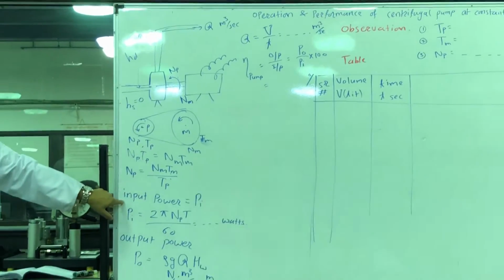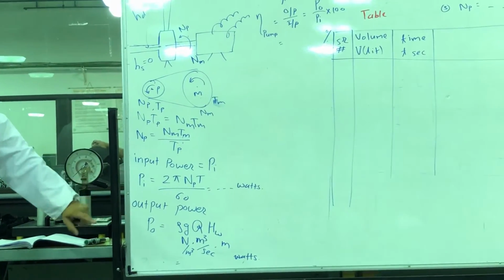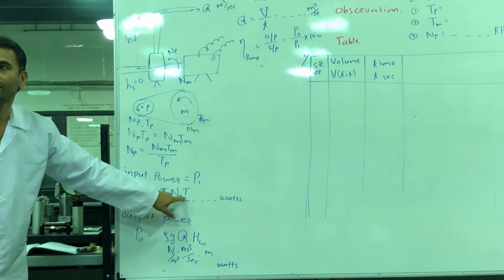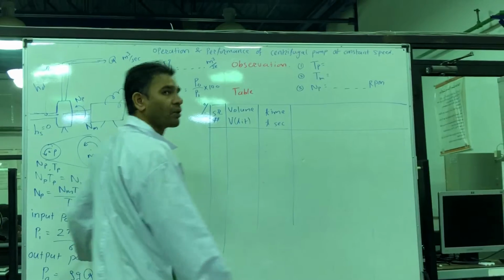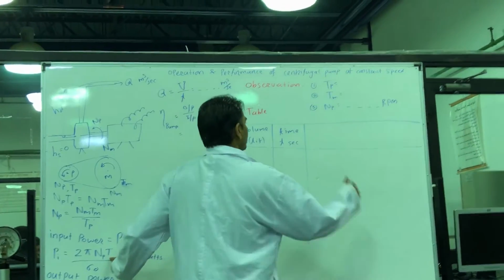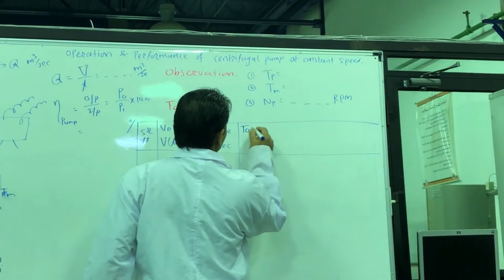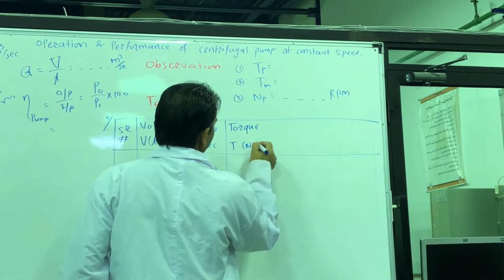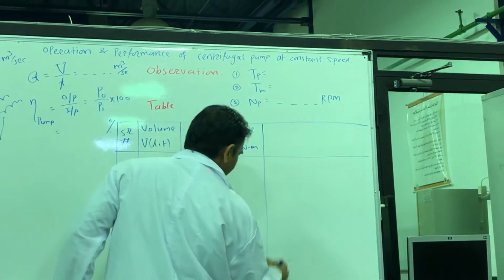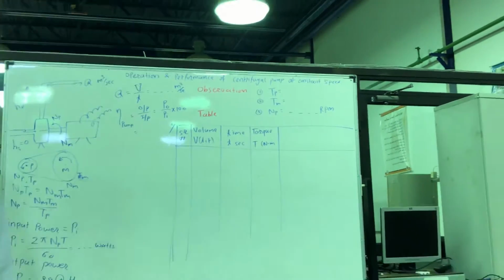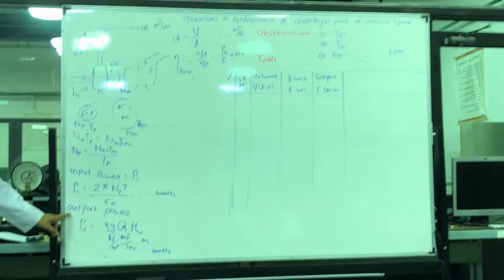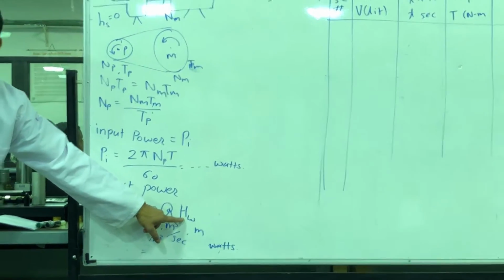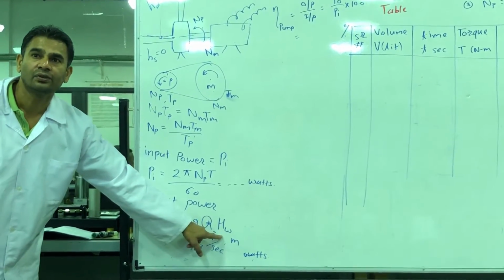Now input power, output power. For input power, what do I need? Torque. This is not the number of teeth, this is torque. So I need to measure torque T in Newton meter. Then for power output I need Q and H. I need H, so head.